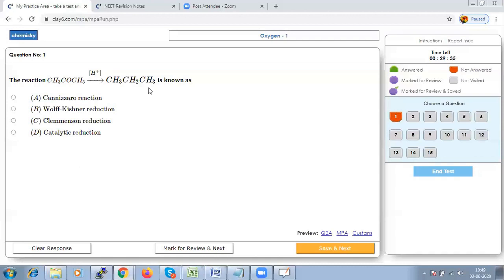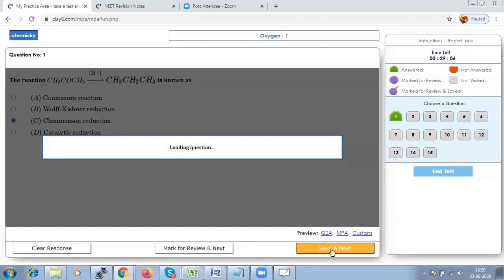Obviously by looking at the reaction we could say that it is a reduction reaction. Clemmensen reduction will allow deoxygenation of an aldehyde or ketone, which will help you to produce the corresponding hydrocarbon. Hence, our option should be Clemmensen reduction, option C. Let us save that and go to the next.